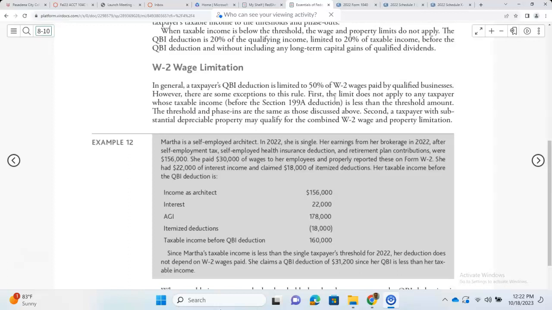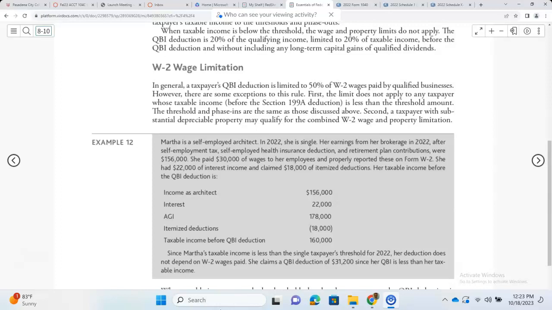The QBI comes from a section called Section 199A. That's where the QBI deduction and rules and regulations come from. Got it? So whenever I say Section 199A, we are talking about QBI. Got it?